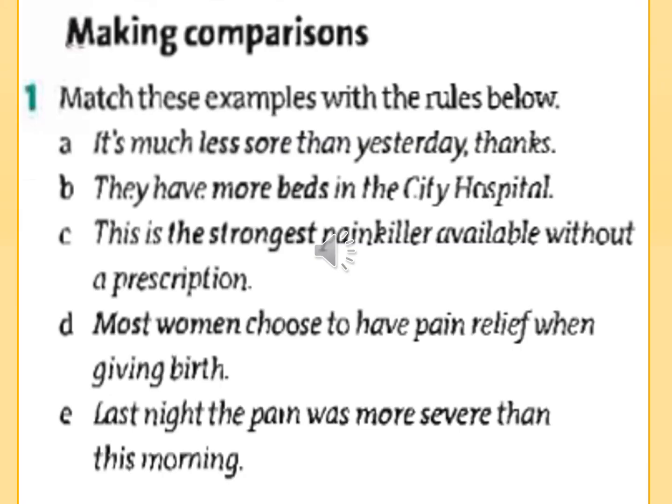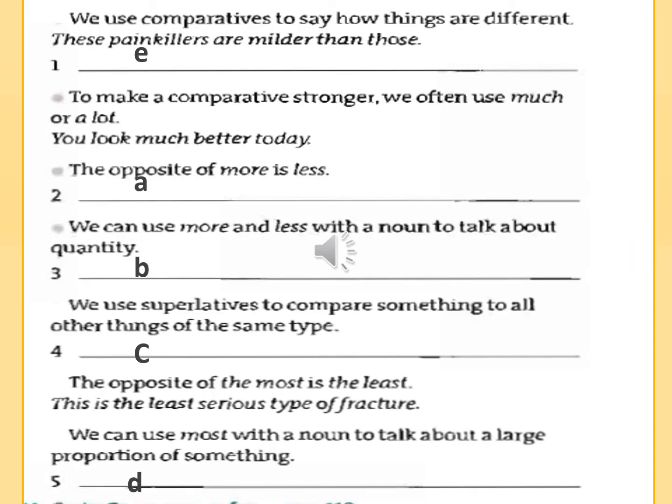Let's move to this exercise in which we are going to match these rules with the examples. So we have certain rules of making comparisons and we will try to match these rules with their examples. The first rule is we use comparative to say how things are different.